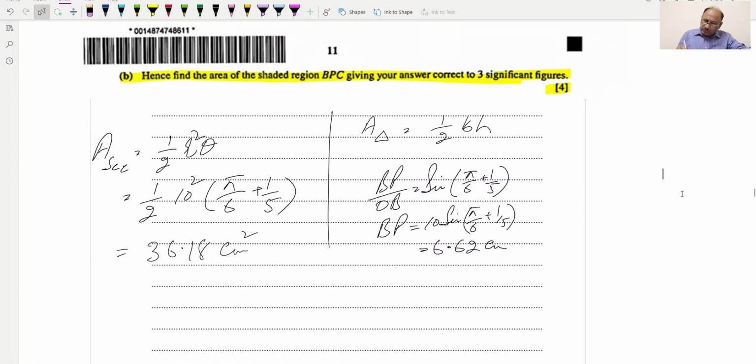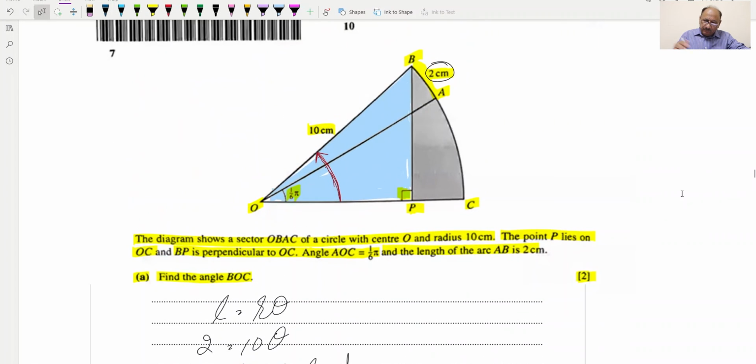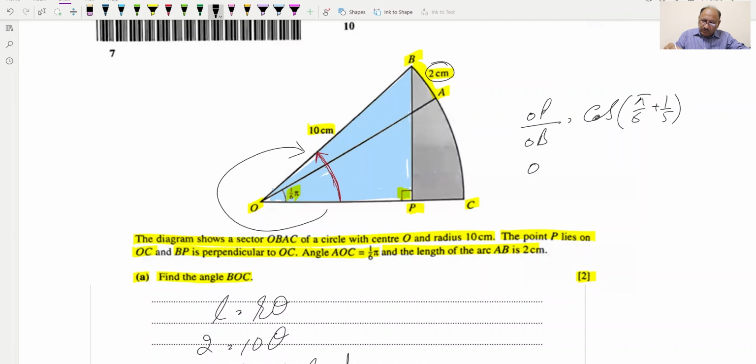Okay, so this is our height, and for base again we need to apply adjacent over hypotenuse, which is OP over OB will be equal to cos of pi by 6 plus 1 by 5, and OP will be equal to 10 cos of pi by 6 plus 1 by 5.